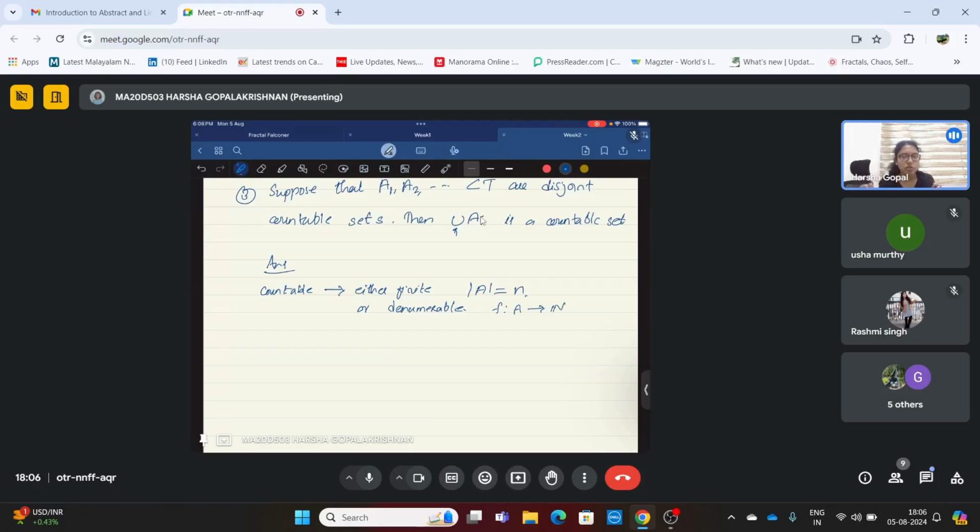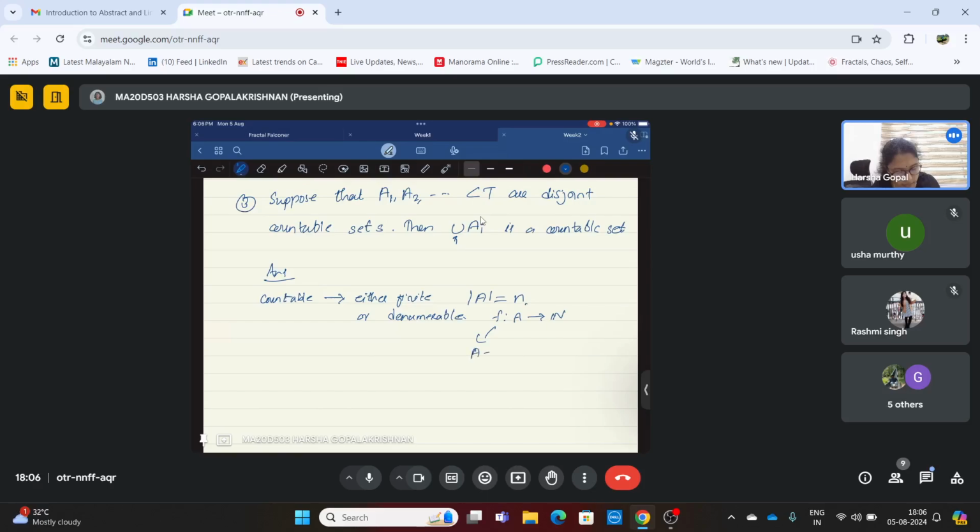That means we can associate the elements of A with N. That means corresponding to each element, we can list it as A1, A2, A3, etc. In this sense, we can write A equal to A1, A2, etc. It goes on infinitely. Denumerable means it doesn't stop at some finite stage.